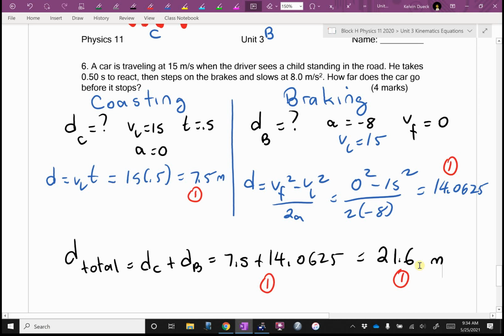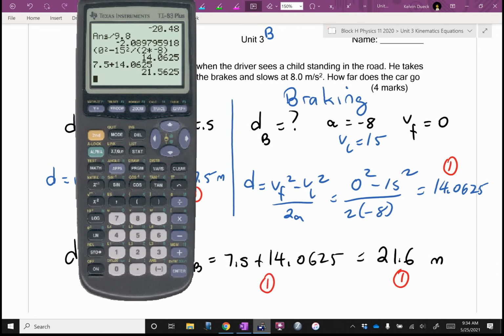Yes? I forgot to close the bracket? Am I wrong? Where? Ah, I'm totally wrong. Thank you, Aiden. This is total garbage. Did it make a difference? Why didn't it make a difference?